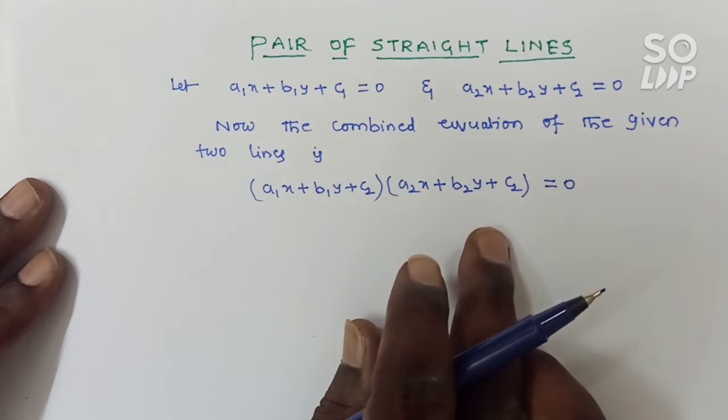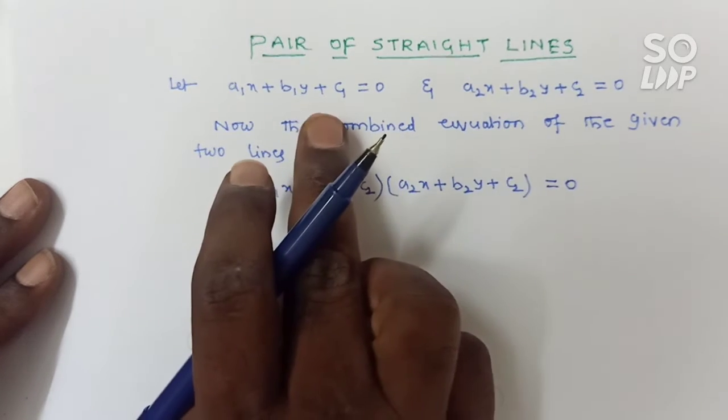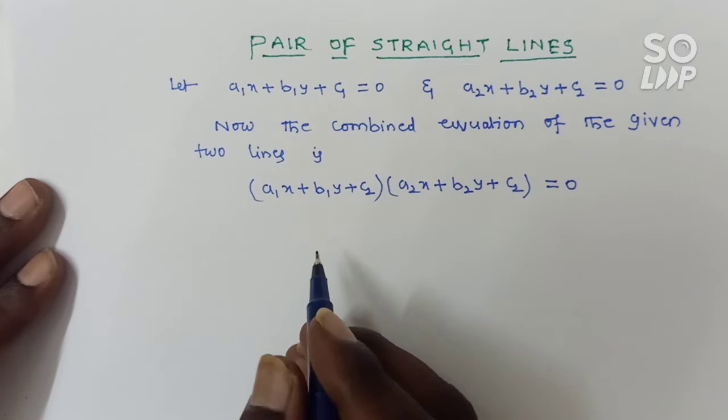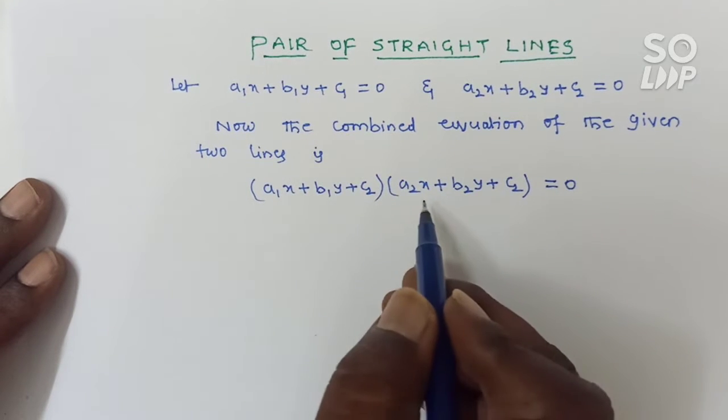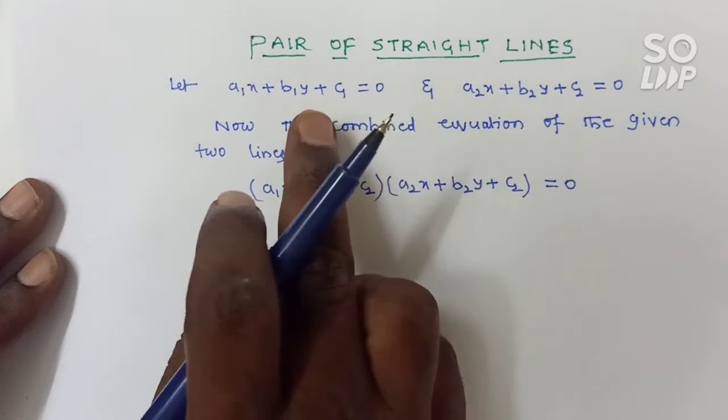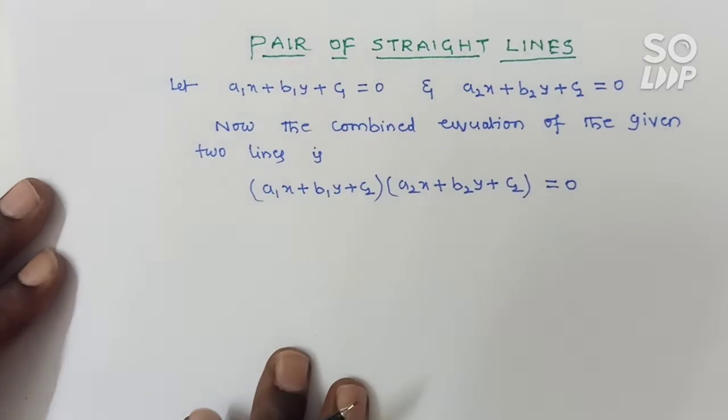This is known as the combined equation of the given two straight lines, right?